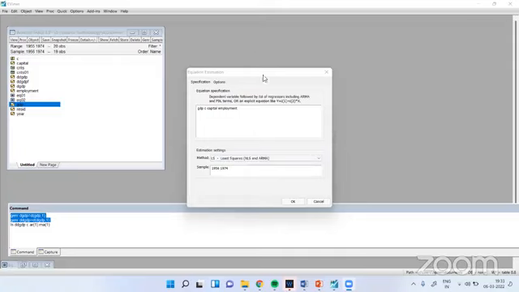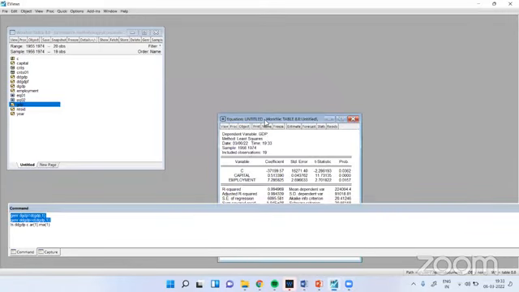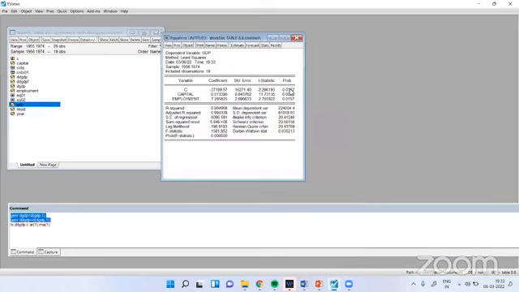Because I'm going to run it here only. Click OK. First thing which you should see is the p values. Are they significant? Now, when you are running normal regression, R square is of most importance.